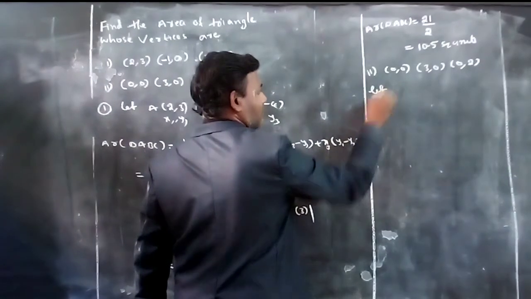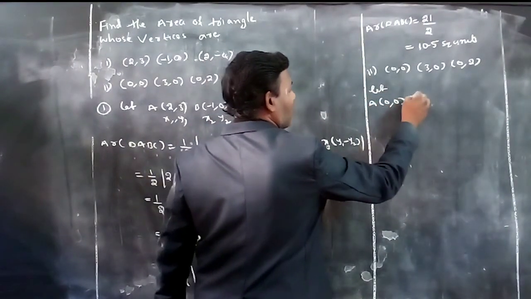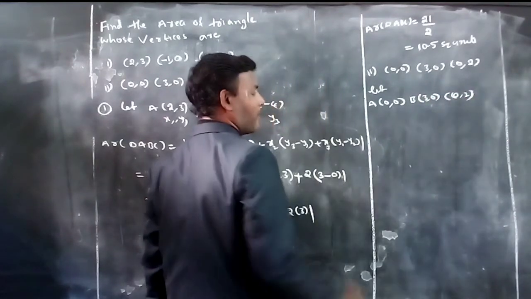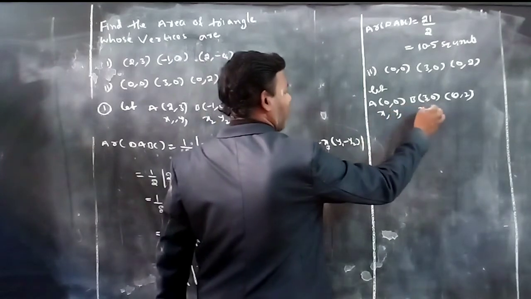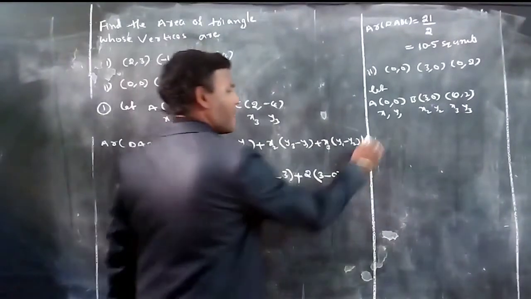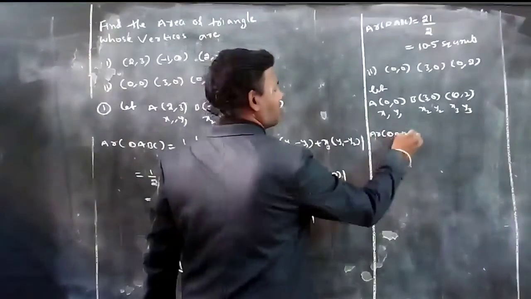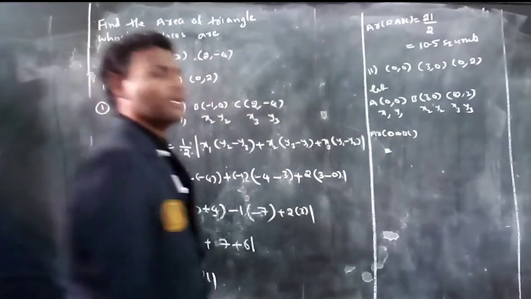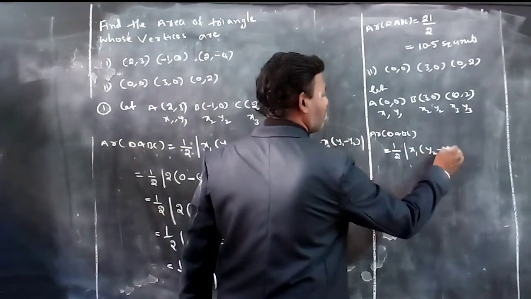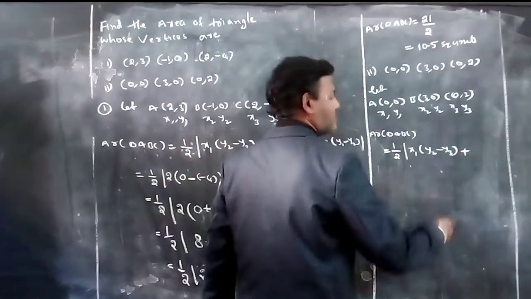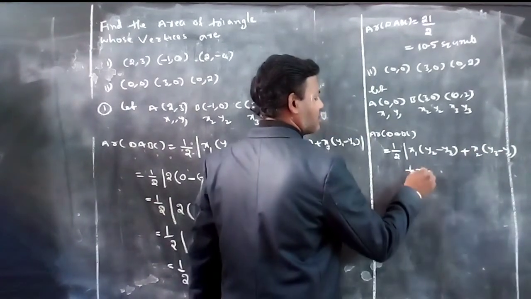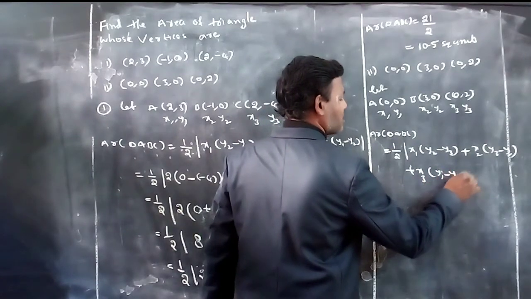Let A (0, 0), B (3, 0), C (0, 2). Let these be x1, y1, x2, y2 and x3, y3. What is the formula? Area of triangle ABC is equal to 1 by 2 mod x1 bracket y2 minus y3 plus x2 bracket y3 minus y1 plus x3 bracket y1 minus y2.